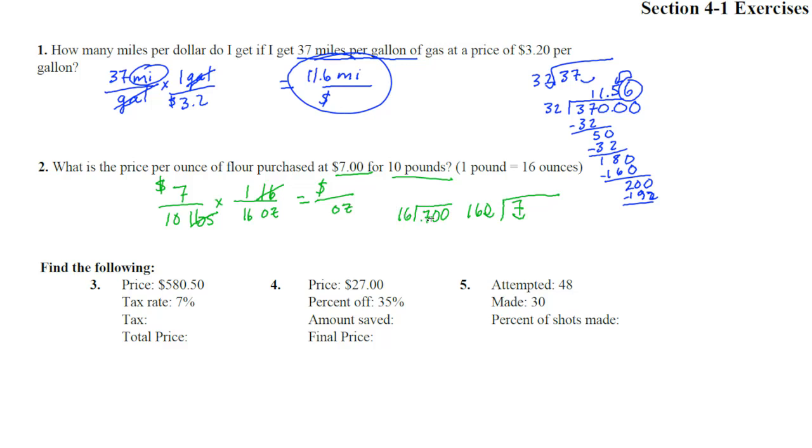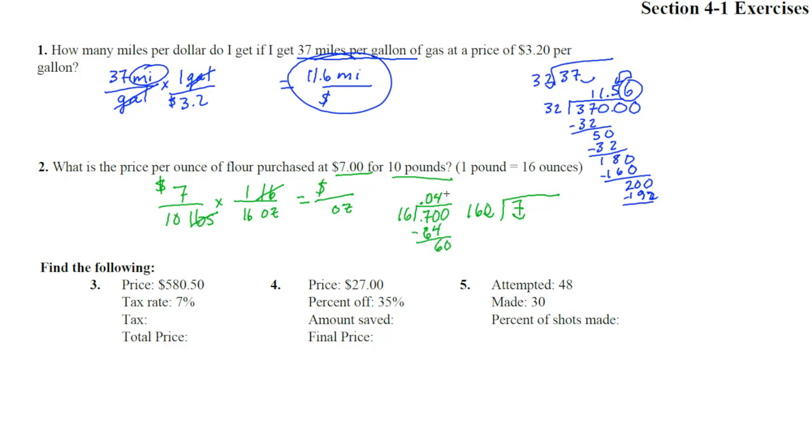Okay, 16 goes into 7? Nope, so that's a 0. 16 goes into 70. Let me see, 4 times, 5 times? I'm going to try a 4. 4 times 6 is 24, carry a 2. 4 times 1 is 4, plus that 2 is 6, so 64. Subtract, and we get a 6.